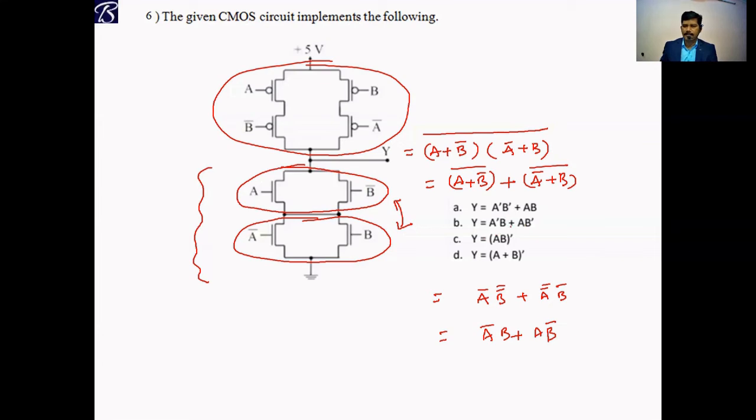A bar B plus A B bar. Option B is correct. Let us check the answer. Yeah, option B is correct. Please note this down. Pause this video and note it down.